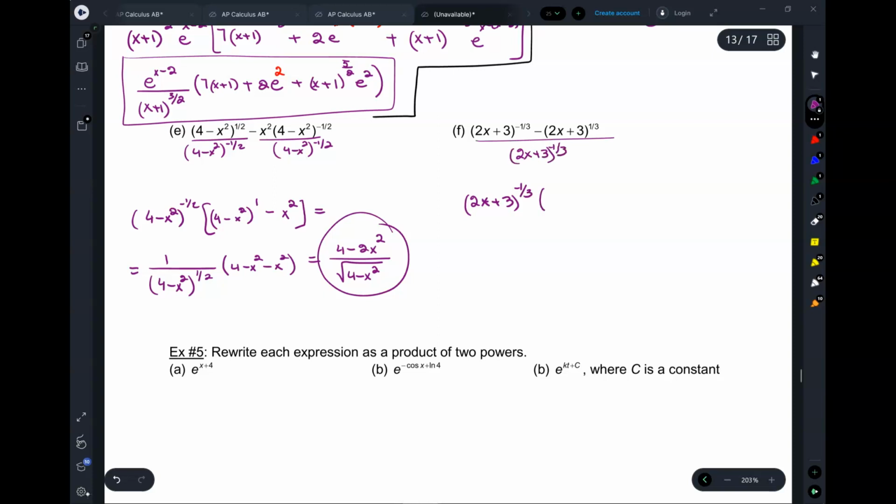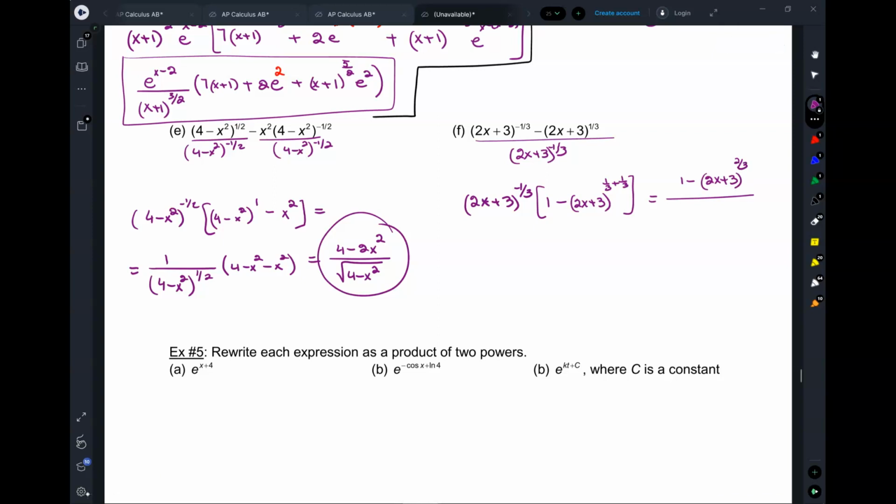So first, from the first term, I'm going to get 1 minus 2x plus 3 to the power of 1/3 plus 1/3. So this will be, in the numerator, 1 minus 2x plus 3 to the 2/3 over that term, 2x plus 3 to the 3rd, or the cube root of all that.